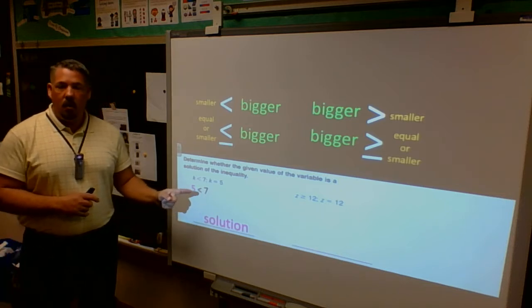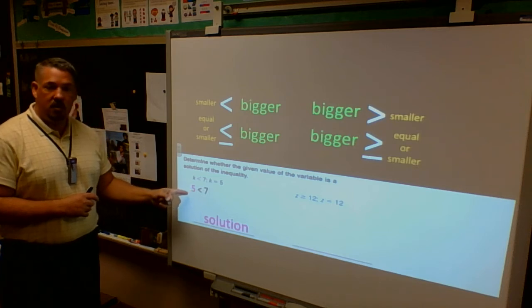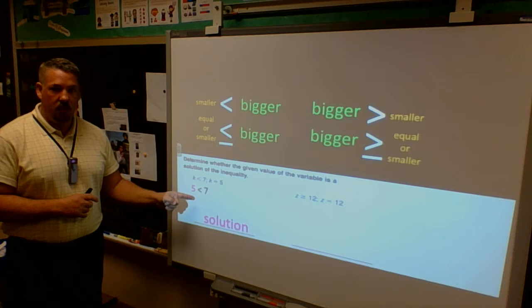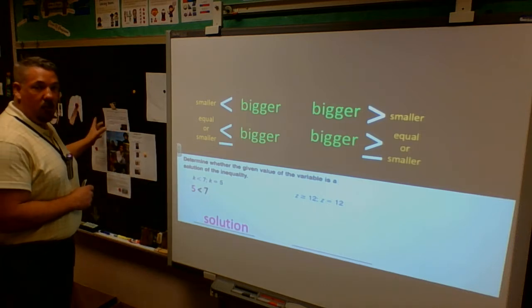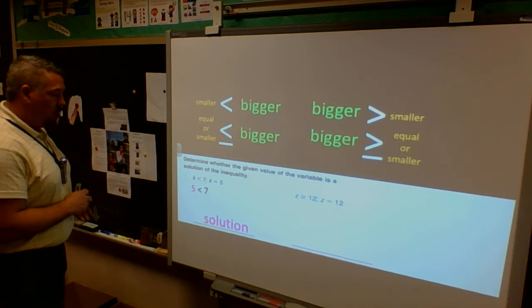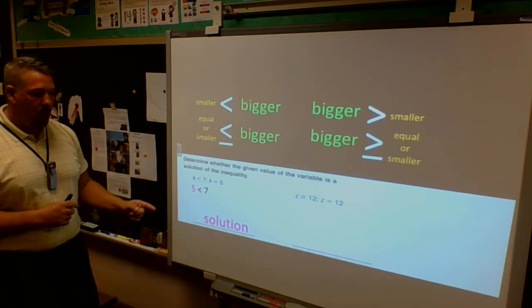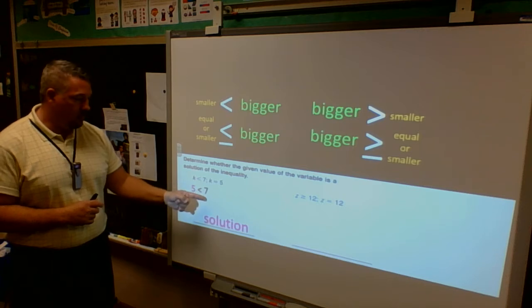There are an infinite number of numbers that can be on this side. It cannot be 7 because it doesn't say equal to, but it could be 6 and all the way back to negative trillion, billion, zillion, quadrillion, whatever you have. So this is an endless number of possible answers. That's why it's an inequality that is indeed less than 7.